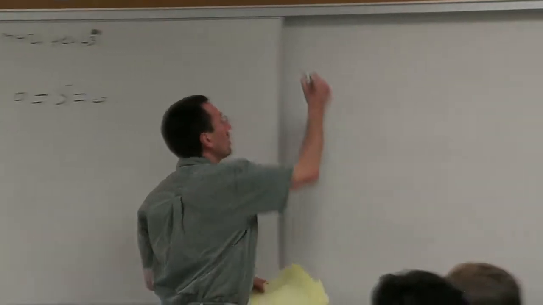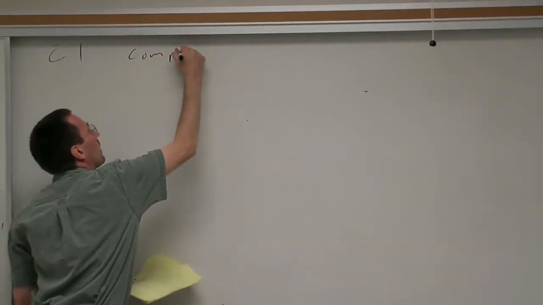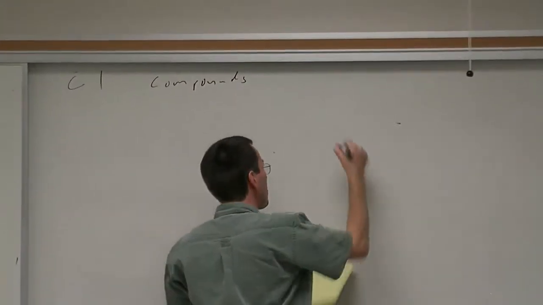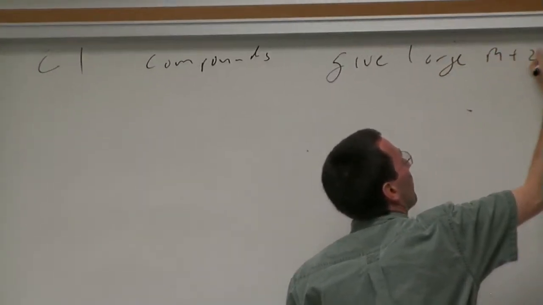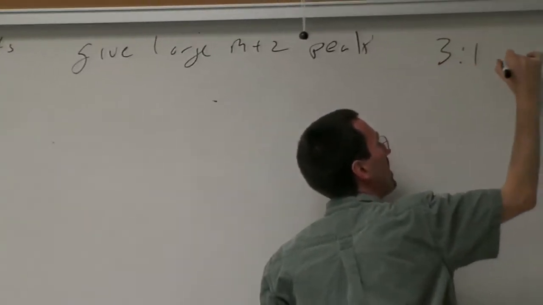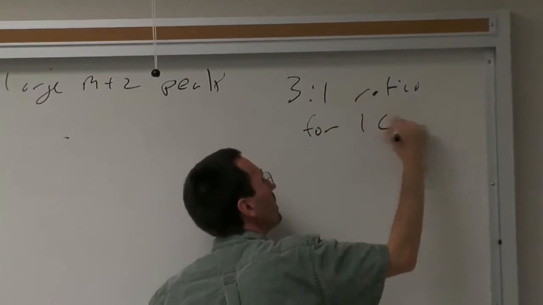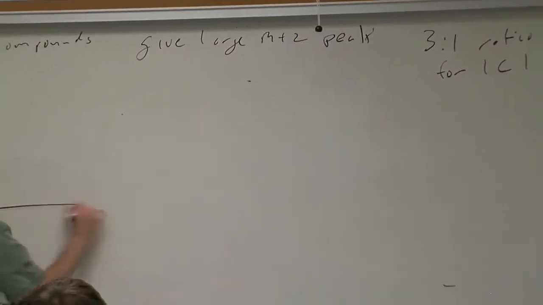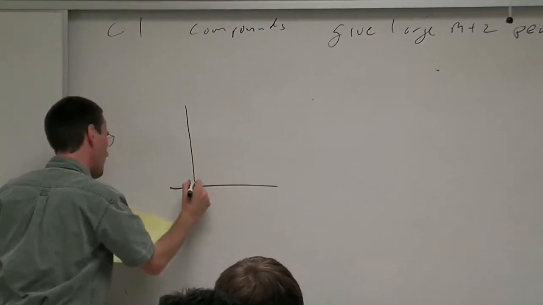All right, chlorine compounds give a large M+2 peak. So 3-to-1 ratio, roughly, for one chlorine. So let me sketch out another mass spec. And we'll start here.